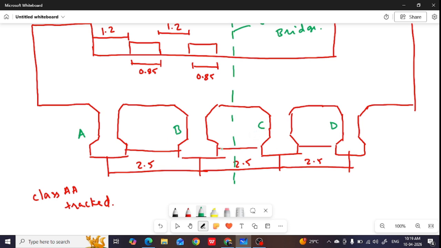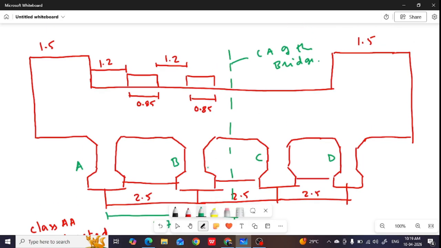The total distance is 2.5 plus 2.5 plus 2.5, 7.5. 7.5 divided by 2, you are getting 3.75.